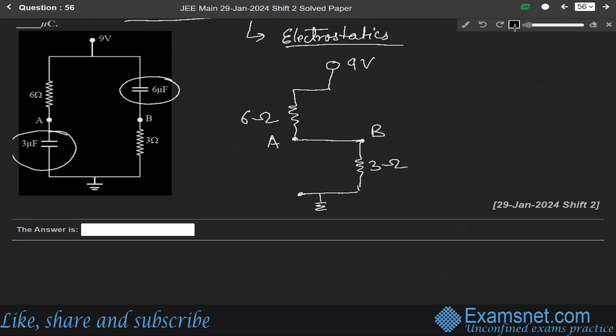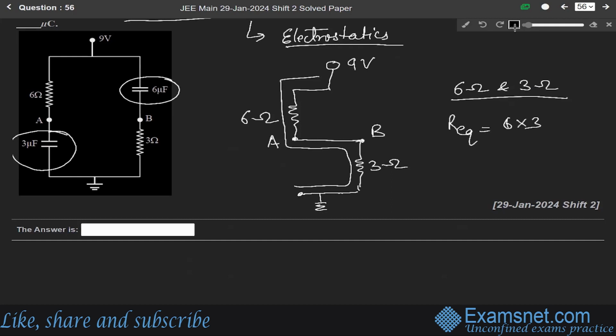Okay. So the current will flow like this. According to this, the 6 ohm and 3 ohm resistors are in parallel. So R equivalent will be 6 into 3 over 6 plus 3, means 18 over 9. So it will be 2.